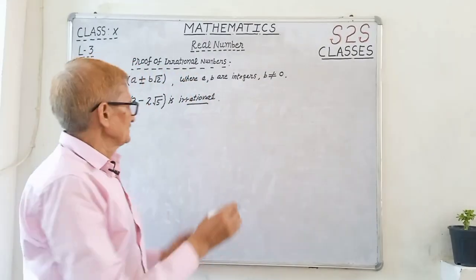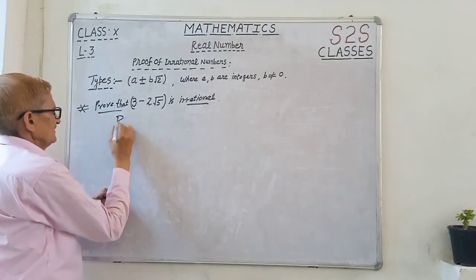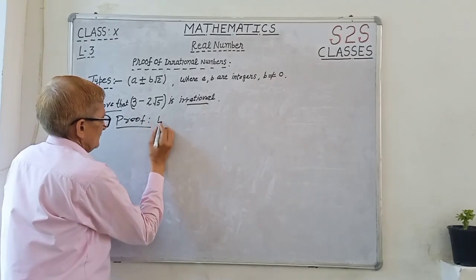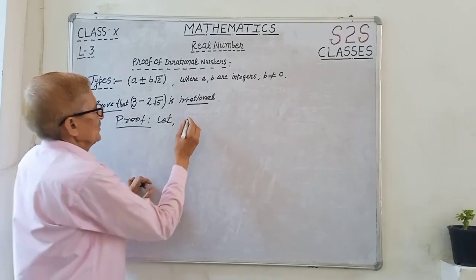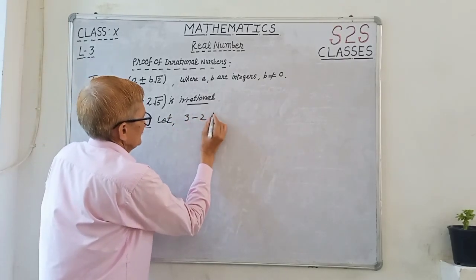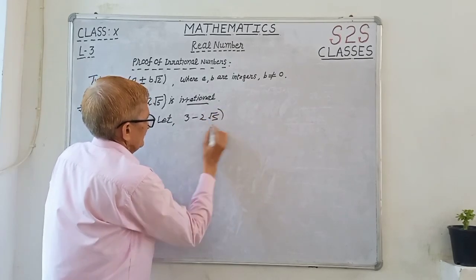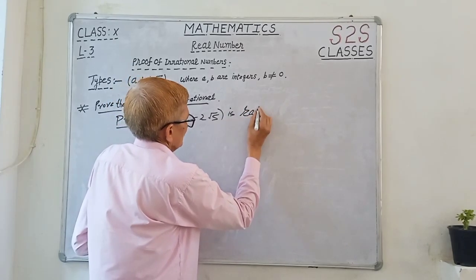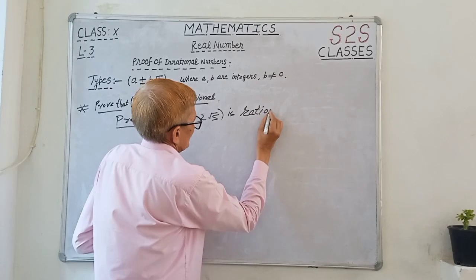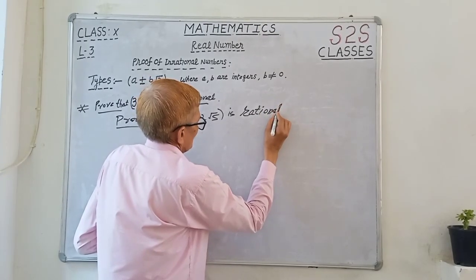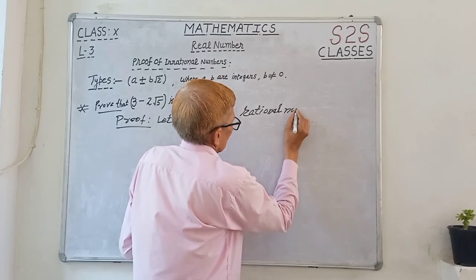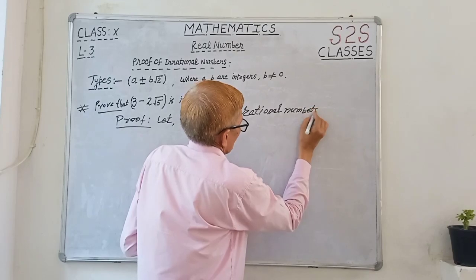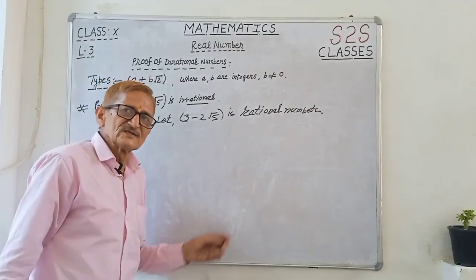Now in this same procedure, let us suppose 3 minus 2√5 is a rational number.